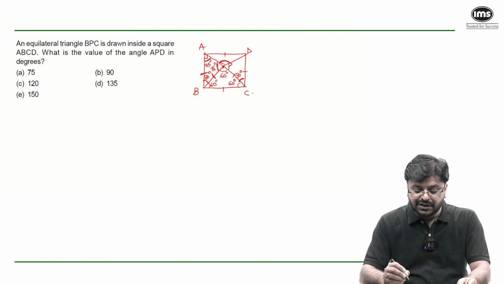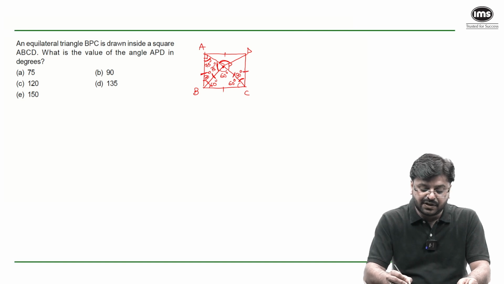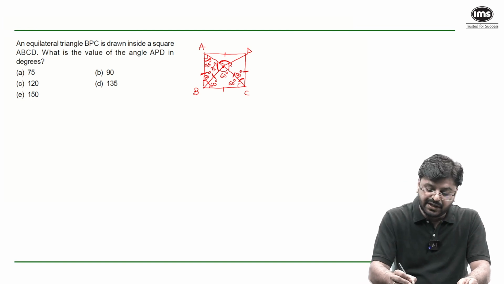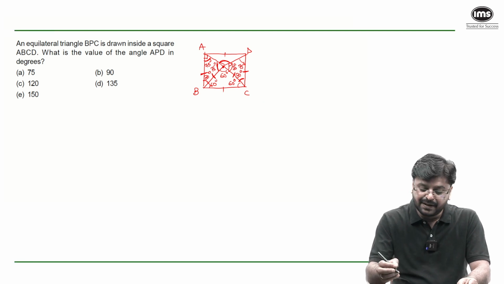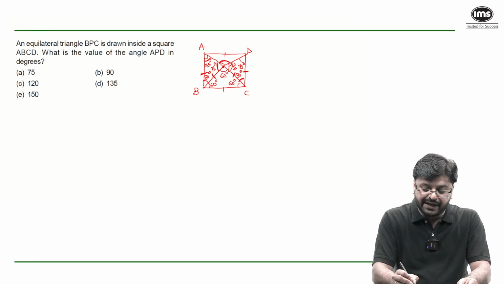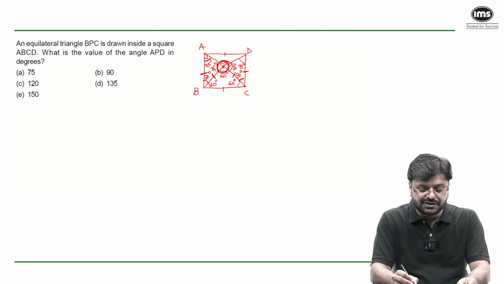Same way, in triangle CDP, CP equal to CD. Again, angles opposite to the equal sides will be equal. So, these 2 angles will also be 75, 75. With the same calculation, we can do this. Now, we need to find angle APD. This complete angle is 360, of which this part is 75.